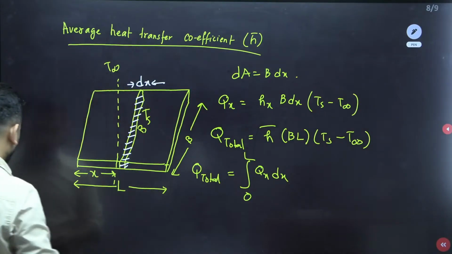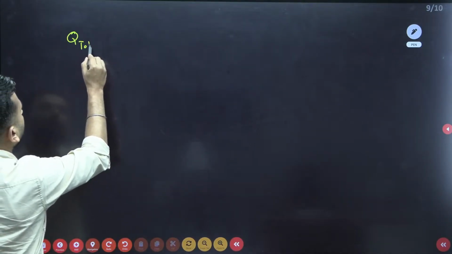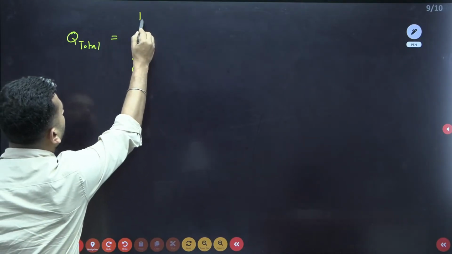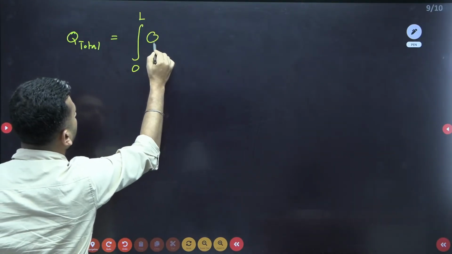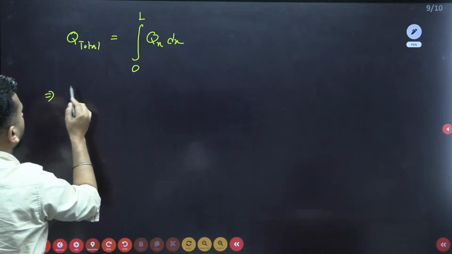So we have to move to the next page, okay. So Q total is equal to the integral from 0 to L of Qx dx, because total heat transfer will be the same.